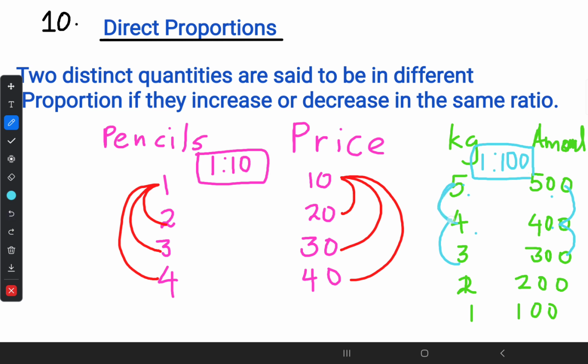If 2 kilograms are decreased, the amount decreases by 200 rupees. If the kilograms decrease by 3, the amount of money we need to pay decreases by 300. The multiples are in the same ratio. This is called direct proportion. There are two instances: both should increase in the same ratio, or both should decrease in the same ratio. This is called direct proportion.